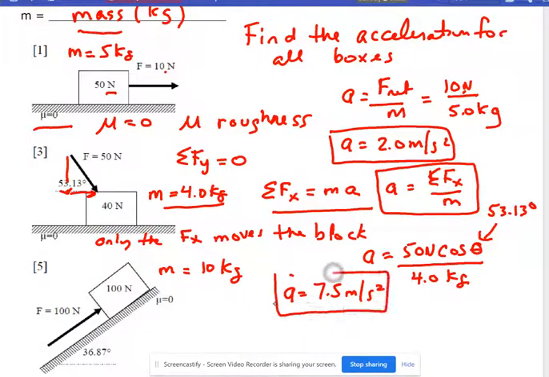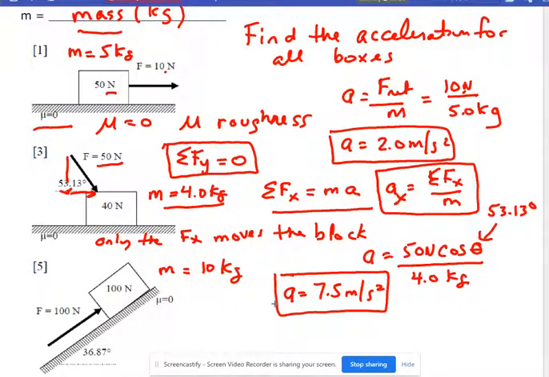Let's go over this. This is different. Look again, this is 50 newtons, and that's not our force in the x direction. We know that the sum of the forces in the y direction is 0. There's no y movement at all. It's all x movement. There's only an acceleration in the x direction.